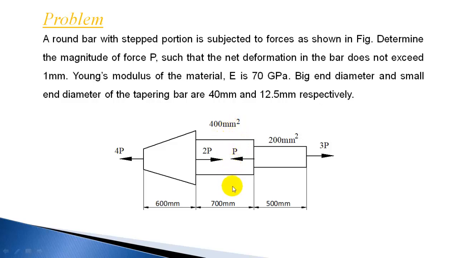If you take a section here, three forces are acting on the right side, 2P minus P plus 3P, and you get 4P. So the first portion is plus 4P, the second portion plus 2P and the last portion plus 3P. So you are getting the forces in all three sections.